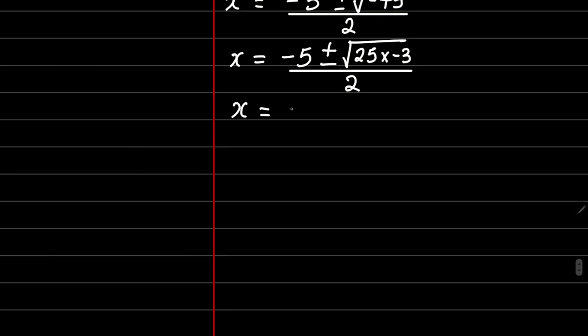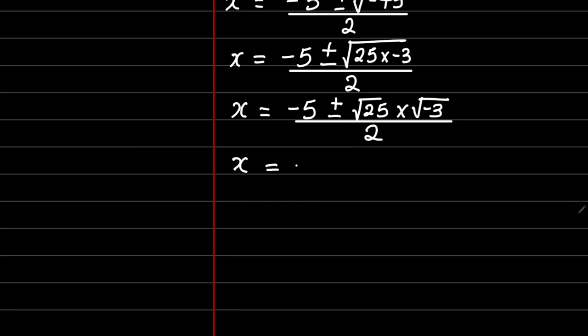Now x will be equals to minus 5 plus minus root of 25 times root of minus 3 all over 2. x is equals to minus 5 plus minus 5, then this I can write as root of 3 times minus 1, all over 2.